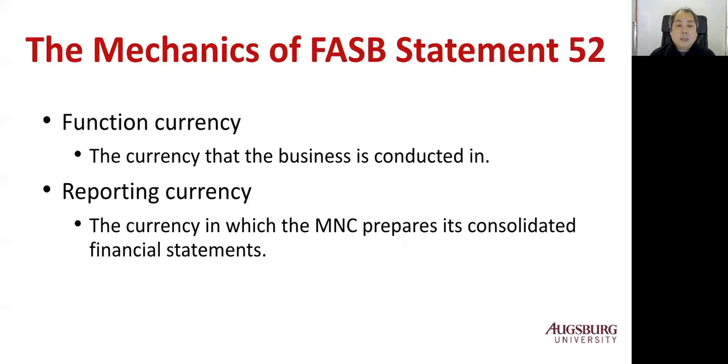In FASB Statement 52, there are two different types of currency. The currency in which the business is conducted is called the functional currency. So if you run a company in China, the Chinese yuan is the functional currency, right?